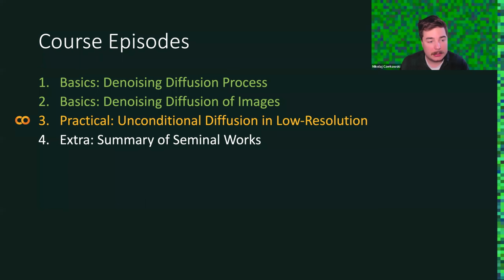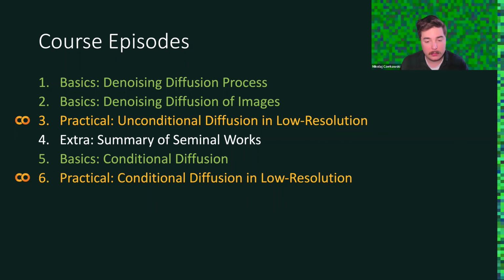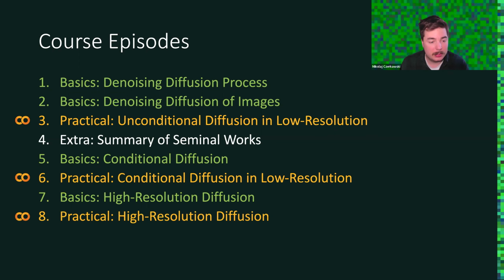Then there will be an extra episode on a summary of seminal works for denoising diffusion. And there will be two more applications of diffusion that we will consider, which is conditional diffusion, so both a theoretical episode and a practical one, and then high resolution diffusion, which also has two episodes, one of which being a practical episode.